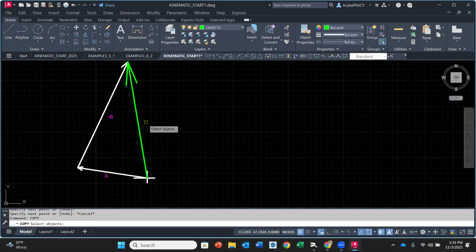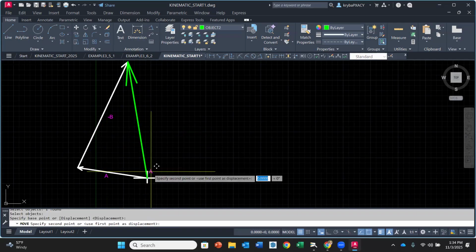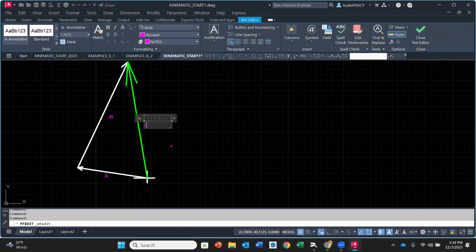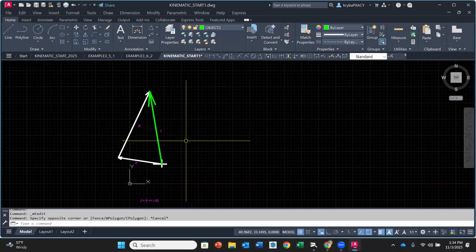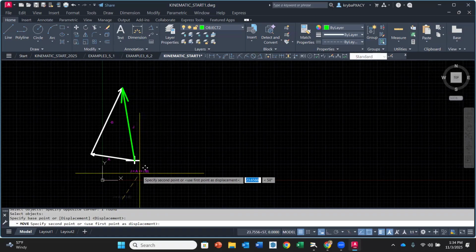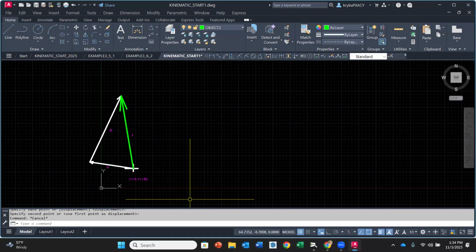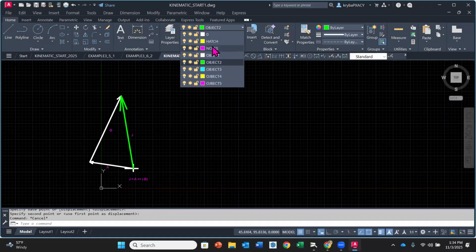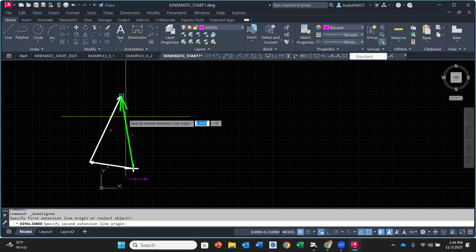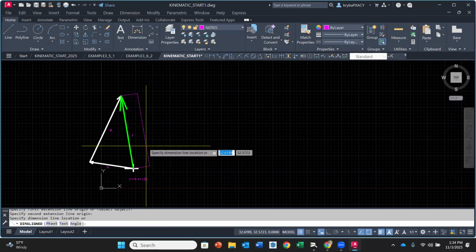We're going to label this J. Labels could be a little bit bigger, but I'll leave it at that. Make my equation so it's by the diagram. And then now on my notes layer, we're going to add an align dimension for the length or the magnitude of J.